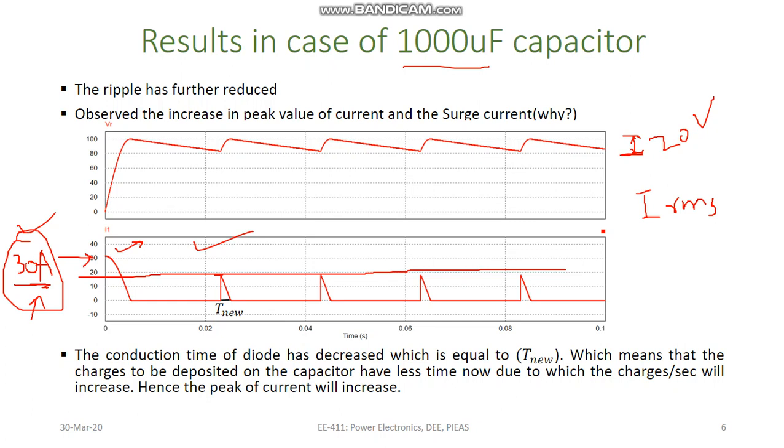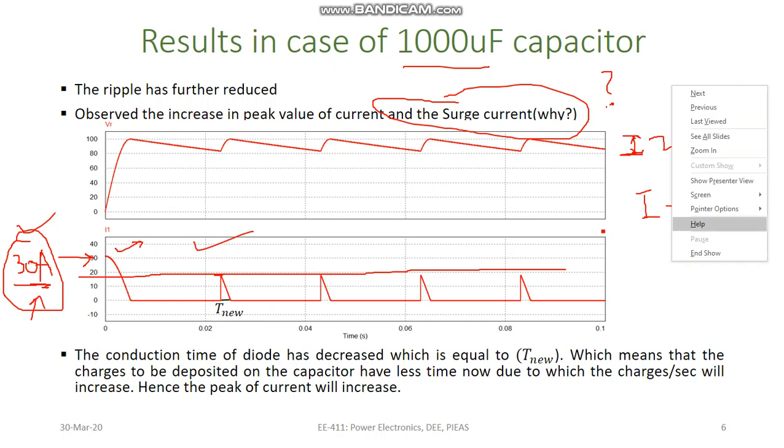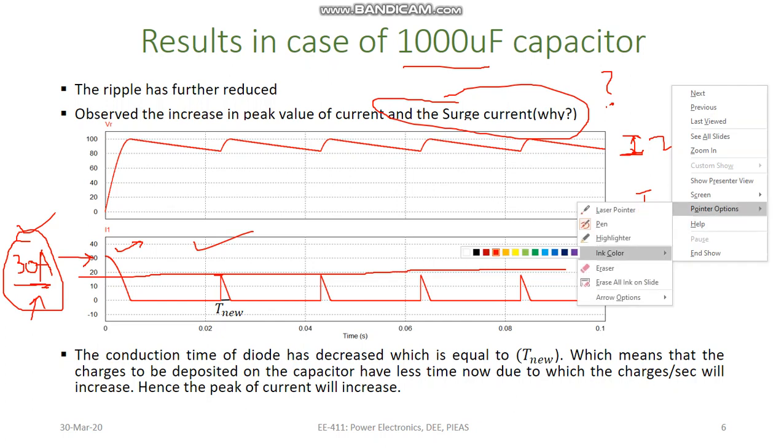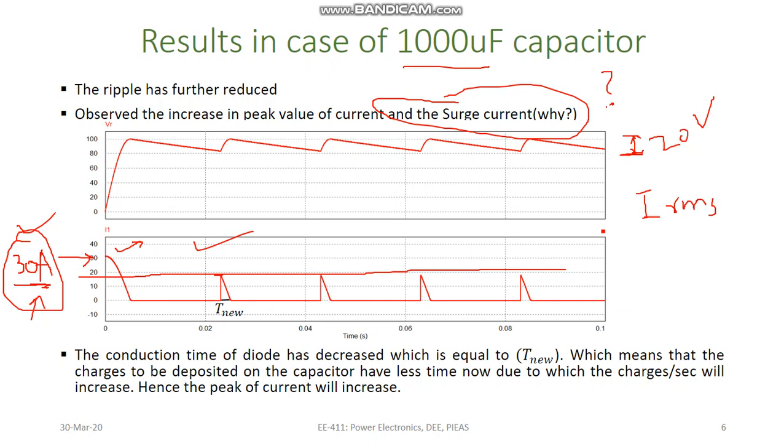Okay, so now coming back to the question of why the peak value of the current, or the surge current, has increased. It is due to the fact that you can see that the conduction time of the diode, T new, has reduced.